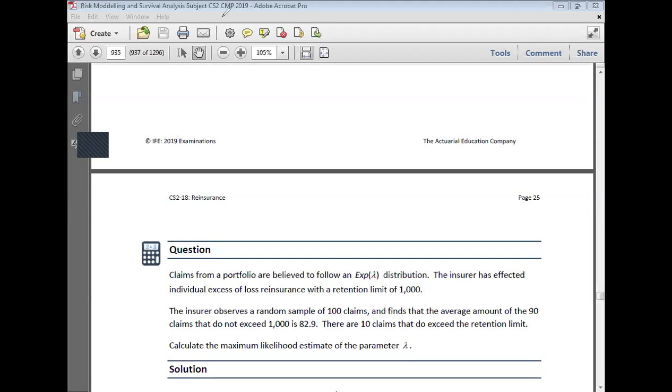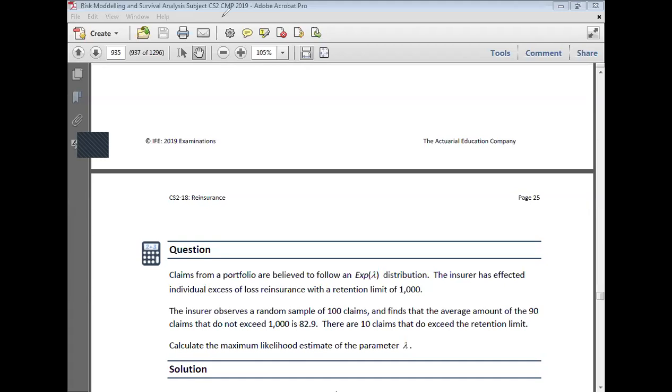The insurer has effected individual excess of loss insurance with a retention limit of 1,000. The insurer observes a random sample of 100 claims and finds that the average amount of the 90 claims that do not exceed 1,000 is 82.9. There are 10 claims that do not exceed the retention limit. Calculate the maximum likelihood estimate of the parameter lambda.